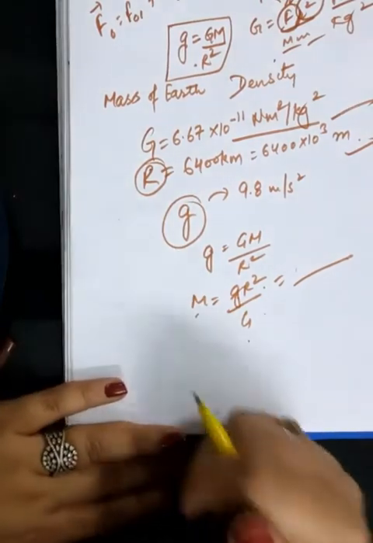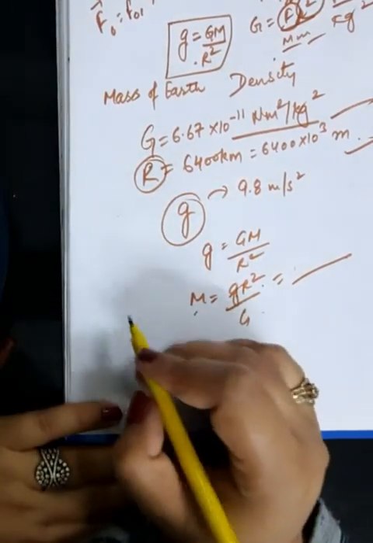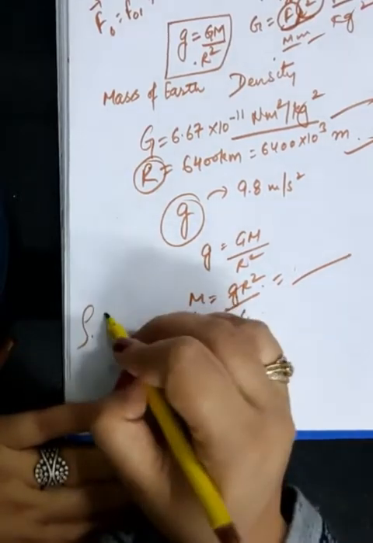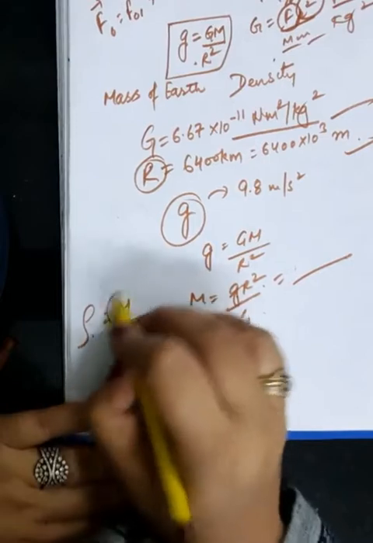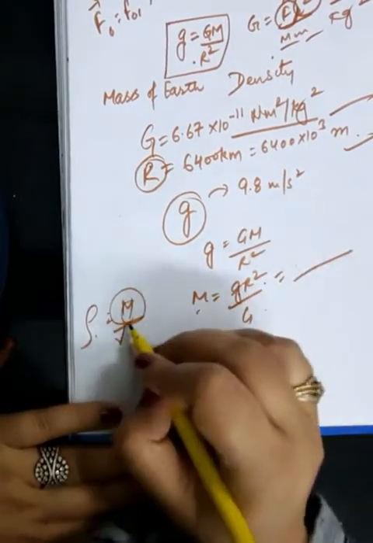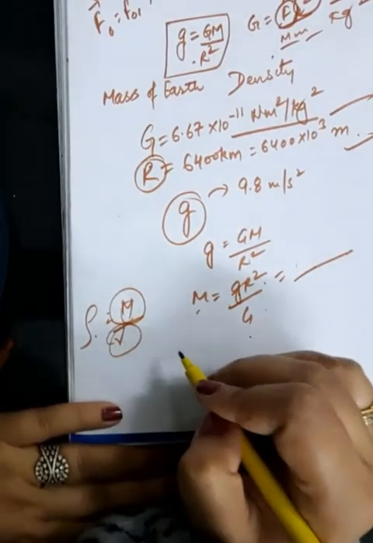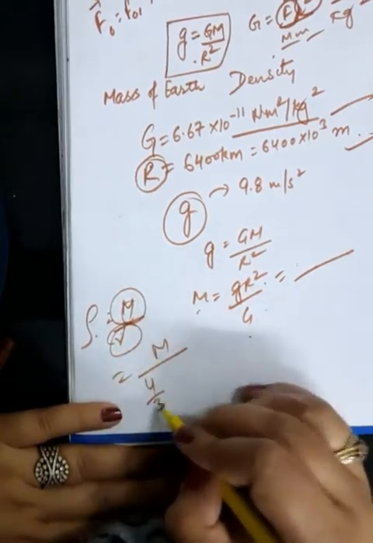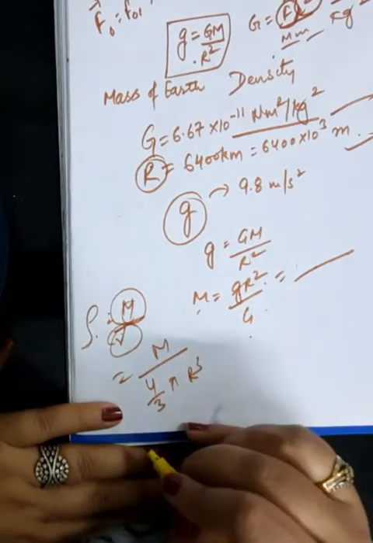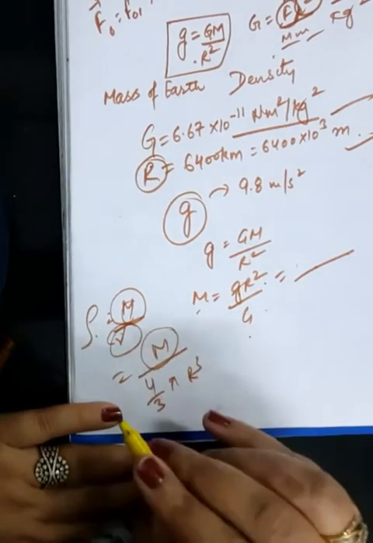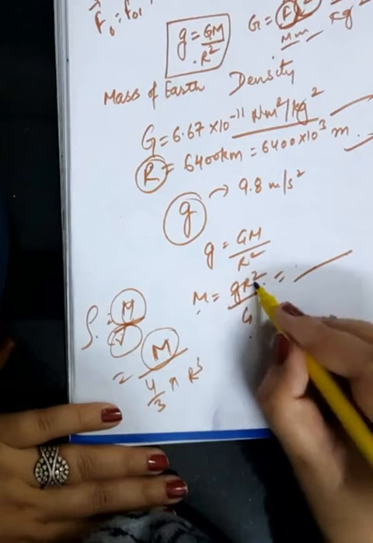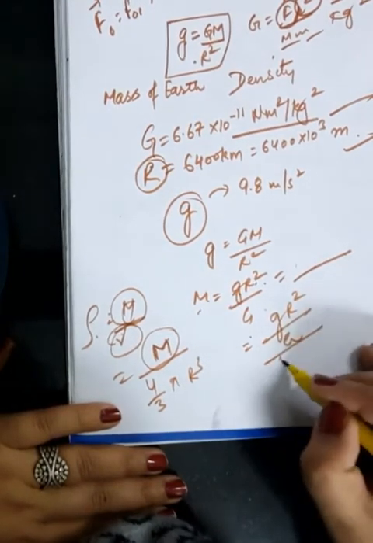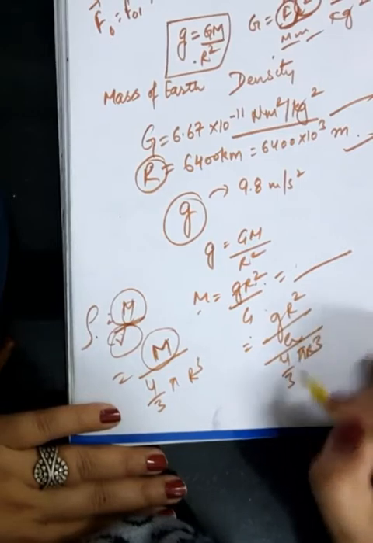Same way, when you are going to find out the density of earth, it is equal to rho. Rho is mass upon volume. मास आपको यहाँ से मिल गया, एंड वॉल्यूम इज 4/3 पाई आर क्यूब. लेट्स हैव अ लुक. मास अपॉन वॉल्यूम 4/3 पाई आर क्यूब, राइट? अगर आपको मास का वैल्यू कैपिटल एम, if you want to write it as gr square upon capital G upon 4/3 pi r cube, right?